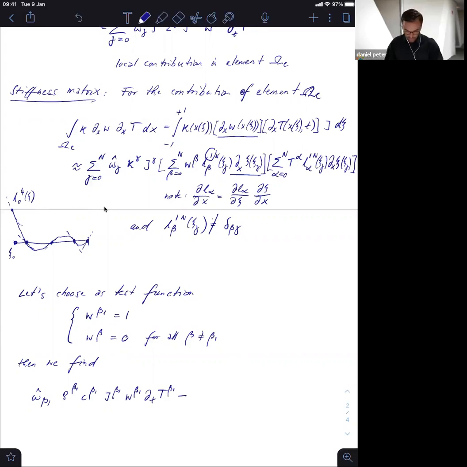This is from the mass matrix term on the left-hand side.